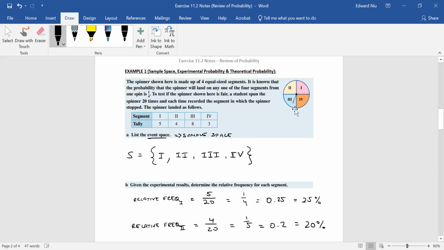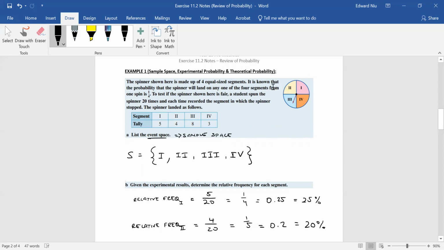As you know, with experiments, the less you do, the further the probability is from the theoretical. Okay, so because the student here spun the spinner 20 times, there's a pretty good chance there's going to be a skew in the tally of the segments that the spinner landed on.